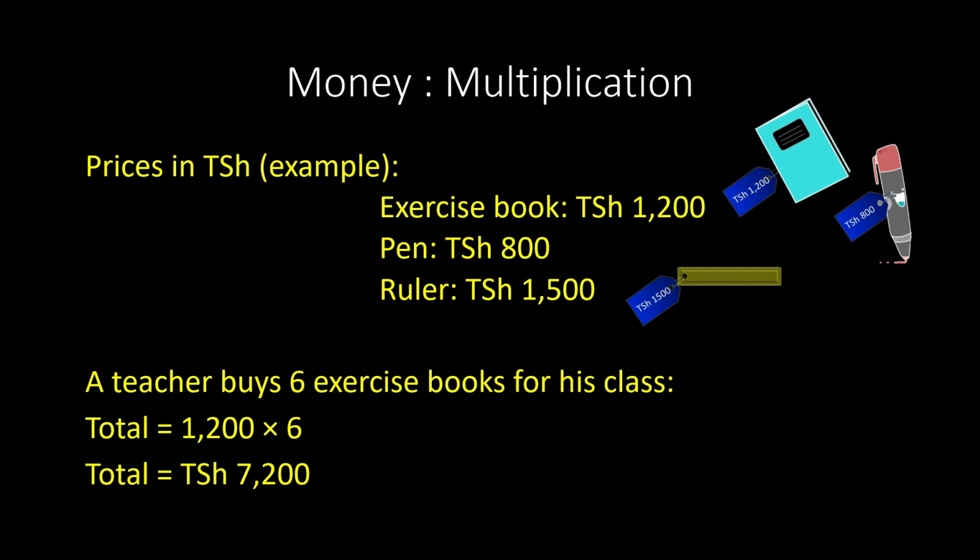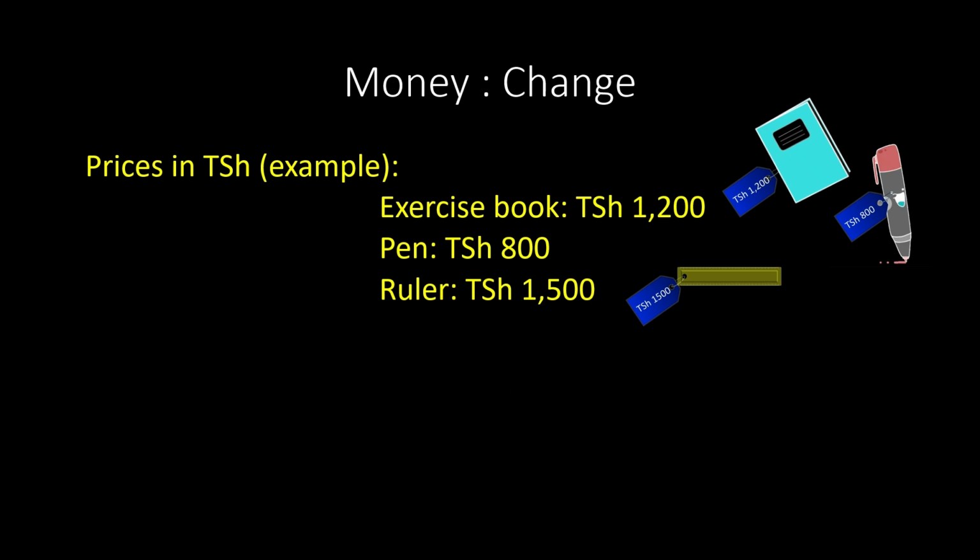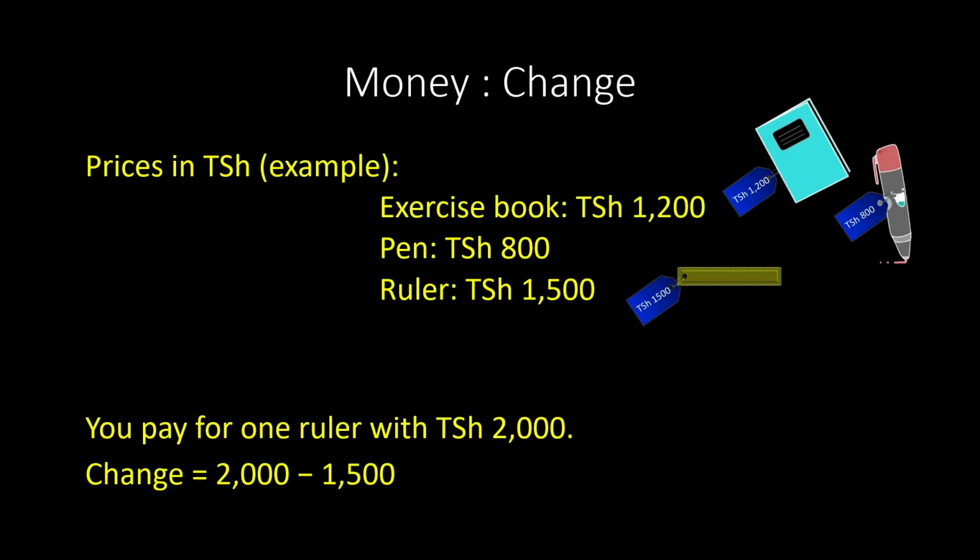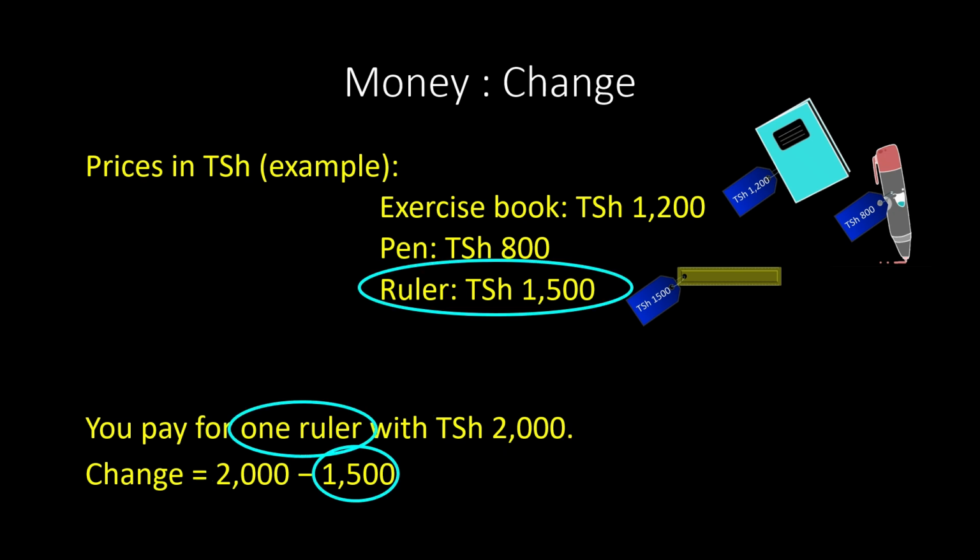Now for another scenario. Suppose you pay for one ruler with 2,000 shillings. How much change will you get? This is a case of subtraction. We minus. So we pay with 2,000 shillings and the ruler itself costs 1,500 shillings.